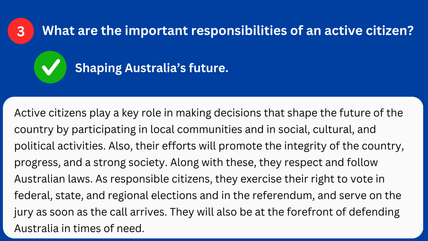Along with these, they respect and follow Australian laws. As responsible citizens, they exercise their right to vote in federal, state, and regional elections, and in the referendum, and serve on the jury as soon as the call arrives. They will also be at the forefront of defending Australia in times of need.